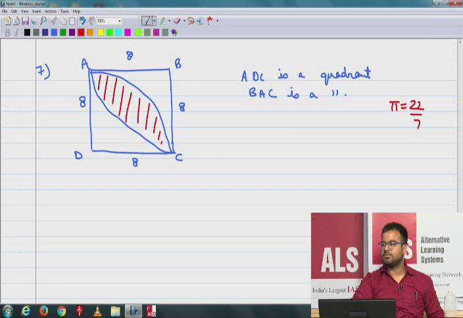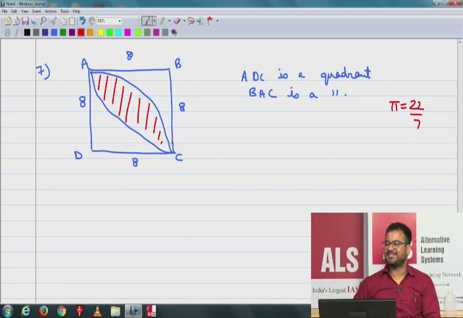Zero. CC4, how can the answer be 0? There is something. How can the area be 0? Kohima, your answer is right. Correct. Okay, okay, okay.